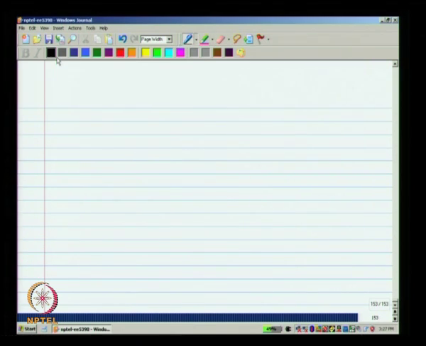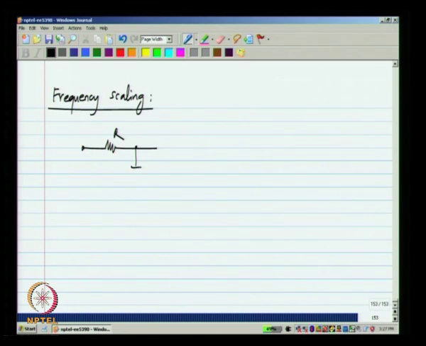Now, while we are on the topic of noise scaling, we can also look at other scaling rules. Let us say we look at frequency scaling. Now, again I will illustrate it with a circuit; we have already analyzed the noise of this.